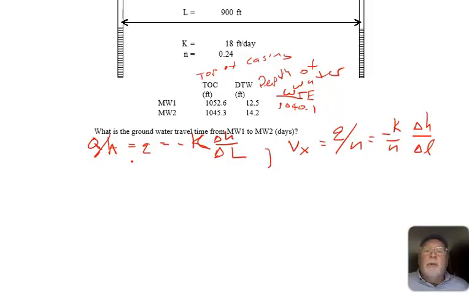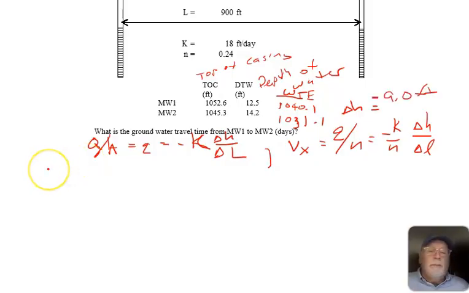That's what we want to know, the total potential, the total head. For the first one, 1052.6 minus 12.5 would be 1040.1. And for monitoring well 2, 1045.3 minus 14.2 would be 1031.1. So the delta H would be 9 feet.